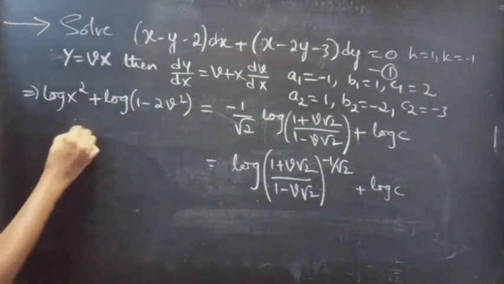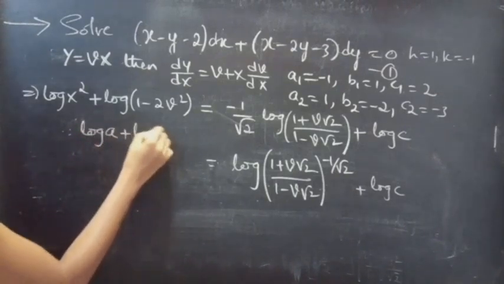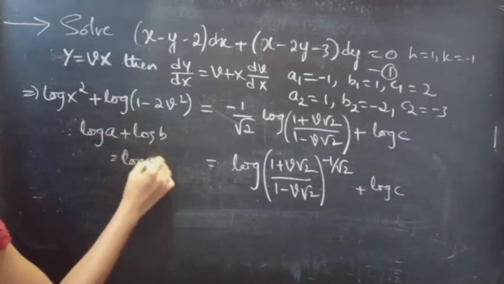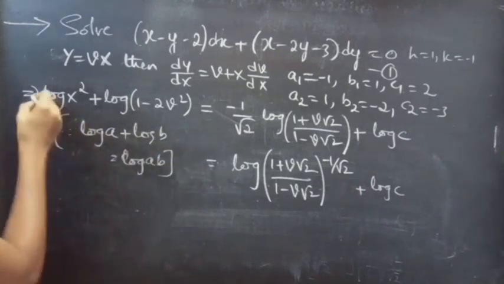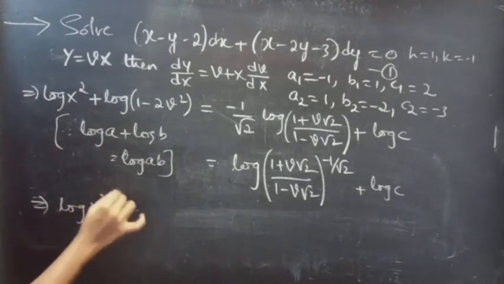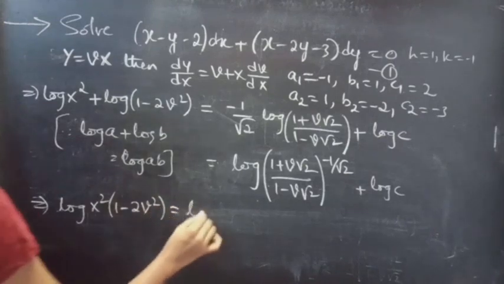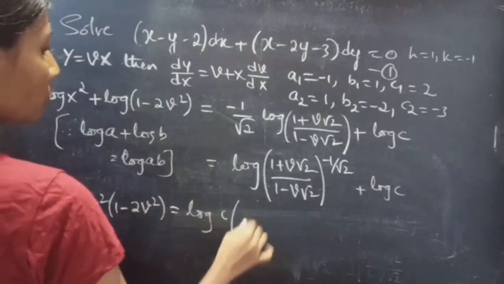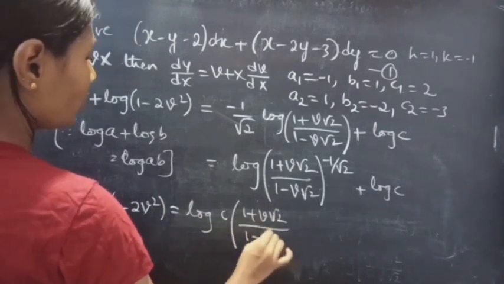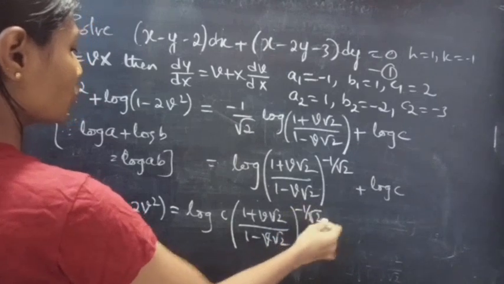Since we know that log a plus log b equals to log ab, then this becomes log x square into 1 minus 2v square equals to log c into 1 plus v root 2 by 1 minus v root 2 power minus 1 by square root 2.